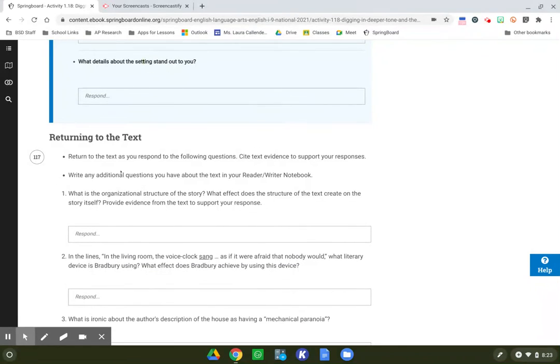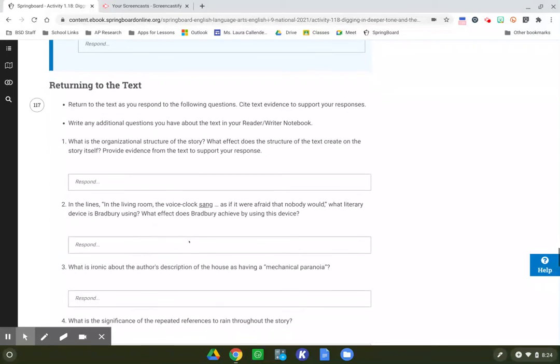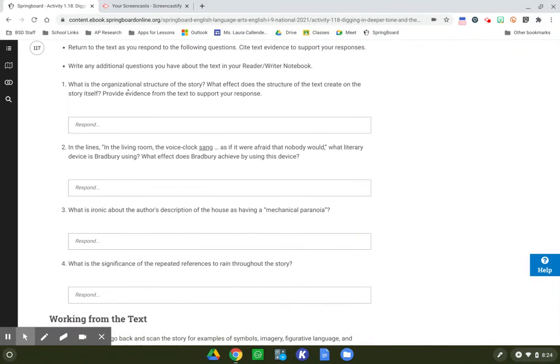All right, so there are 4 returning to the text questions. So you need to know that although I do not go into your Springboard Digital and read every question, I do go in and look, but I don't grade the answers to all of these questions. However, these questions are the basis for our discussion in this week's synchronous session.